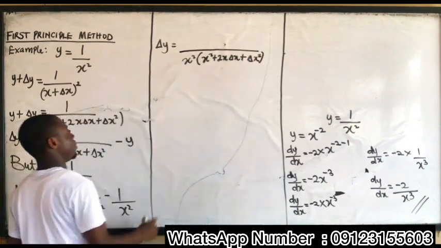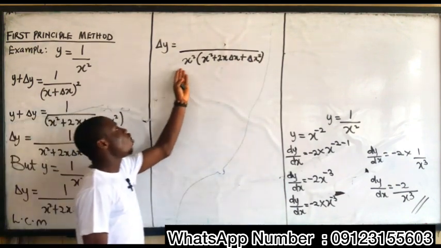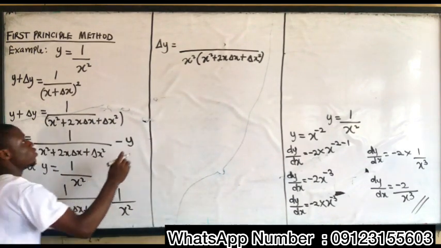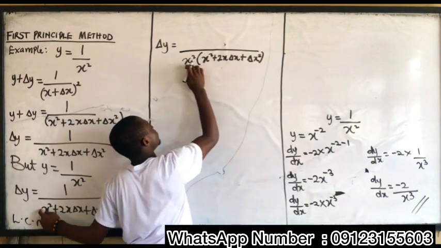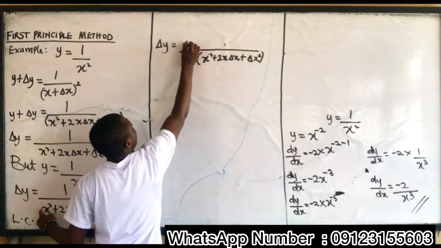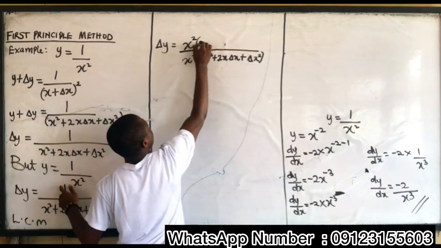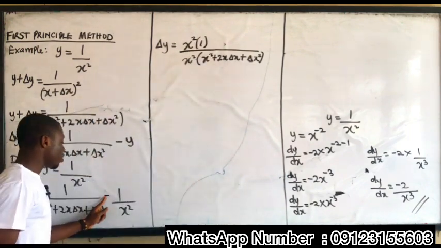This is my LCM here. Now, if I divide all this by this and cancel out, I'm left with this here, that becomes x squared into 1. So this is the minus sign.